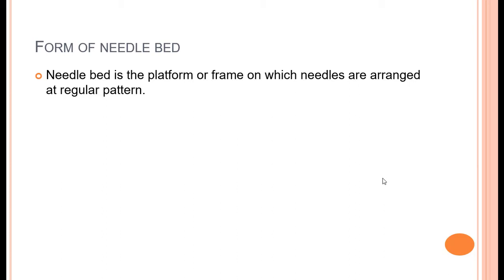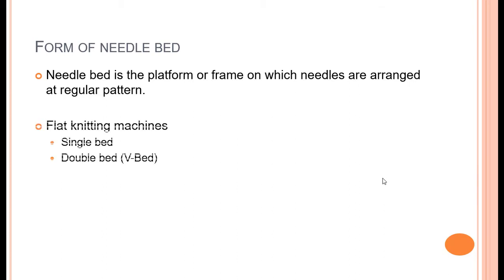One is called the flat weft knitting machine, and the second one is called the circular weft knitting machine. These flat weft knitting machines are again classified into single bed flat weft knitting machines, and the second one, double bed, that is V bed flat weft knitting machines.